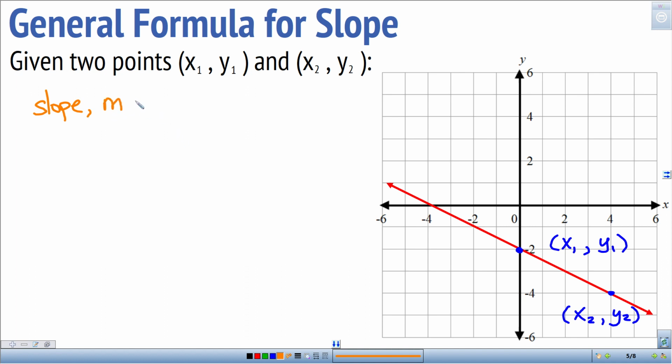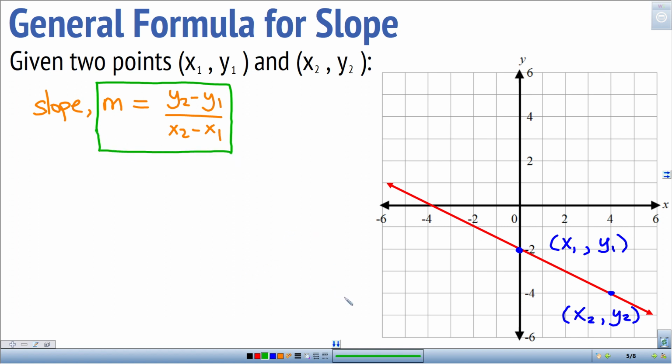M for slope, makes a lot of sense. We subtract the 2 y numbers: y2 take away y1, divided by the 2 x numbers: x2 take away x1. This is the general formula for slope.